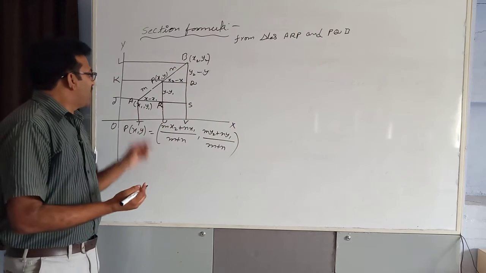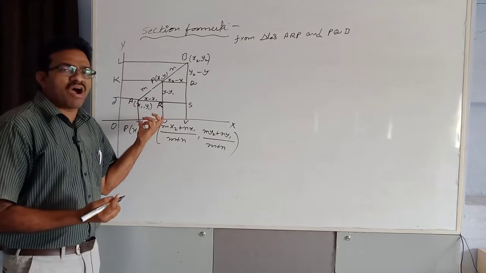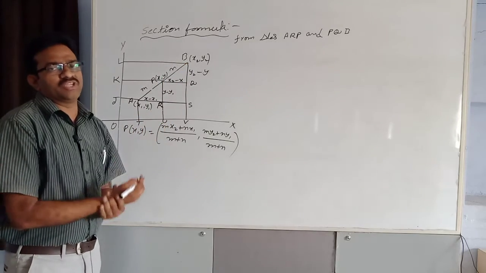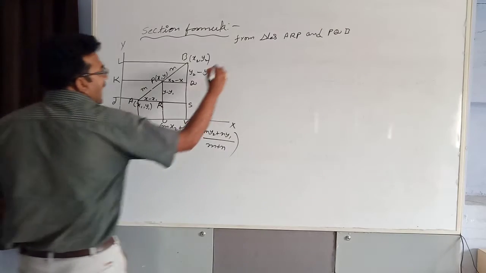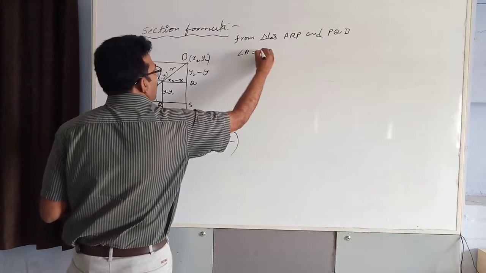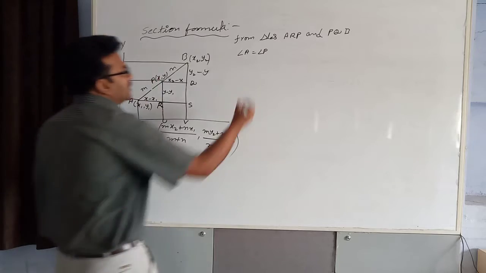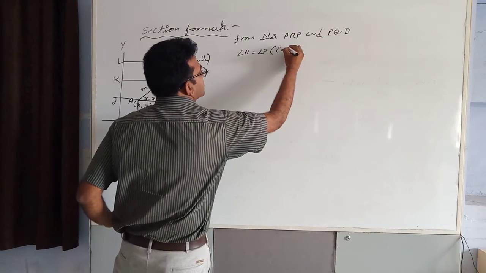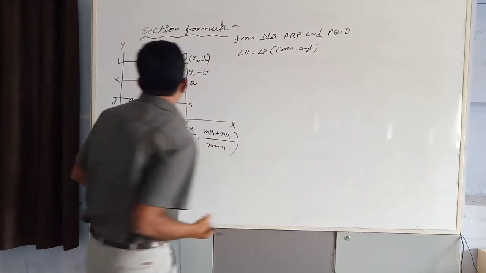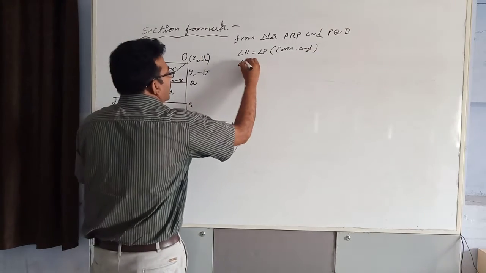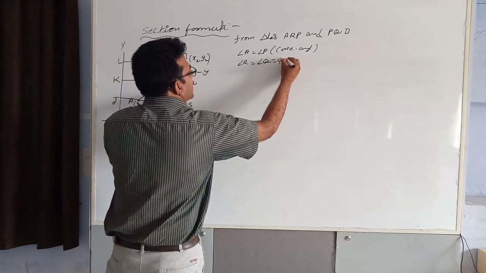So finally AT is parallel to BV. These three lines are parallel to each other. Because of that, angle A is equal to angle P. These two are corresponding angles. Next, angle R is equal to angle Q, which is 90 degrees.